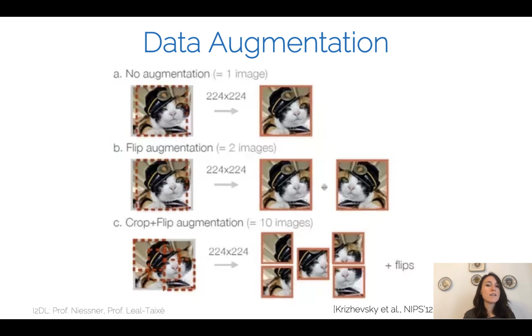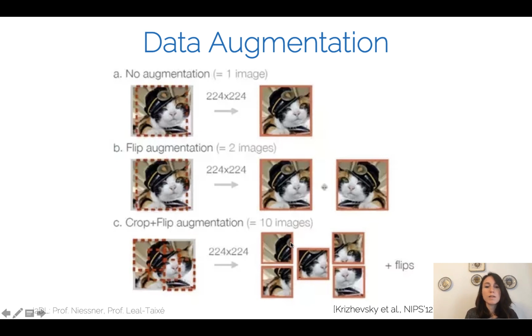So it is as if I took two images of that cat, and I show these two images to the neural network, and I'm telling my neural network that both of these images are actually showing the cat. So I'm making my classifier more robust by showing different views of the cat. Now another trick is to do cropping.